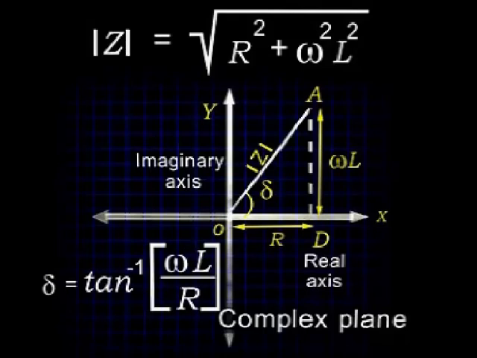It can readily be seen that delta is equal to tan inverse of omega L upon R.